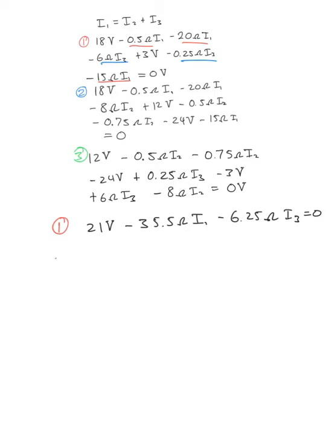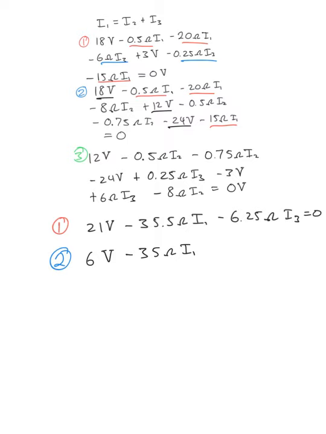We can rewrite the second equation by combining terms. Our volts, we have 18 volts plus 12 volts minus 24 volts is going to be a total of 6 volts. Our I1 terms, we have, again, a total of negative 35.5 ohms multiplied by I1.